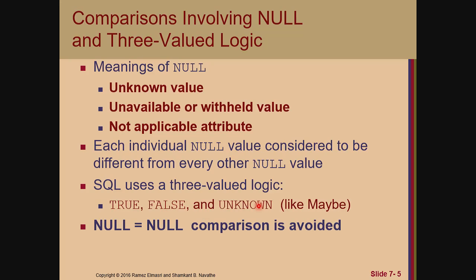According to our knowledge about logic, we have only two values, right? True or false. But in a database, we have one more, unknown. And we should not use this one, null equal null. We cannot compare nulls, okay?